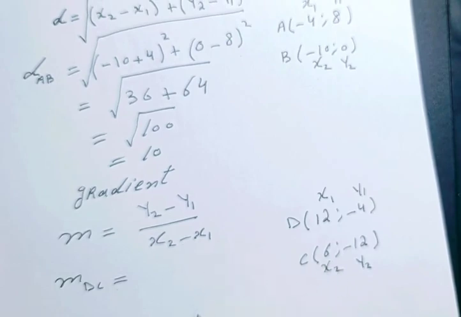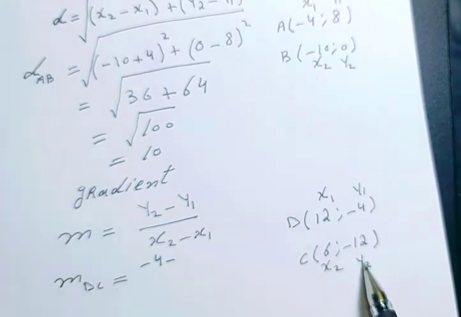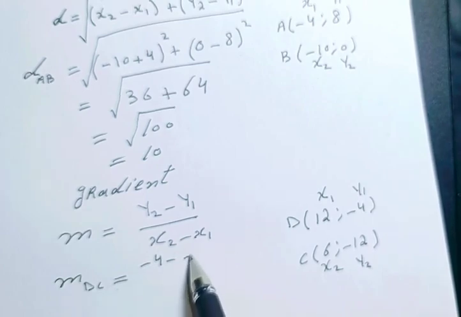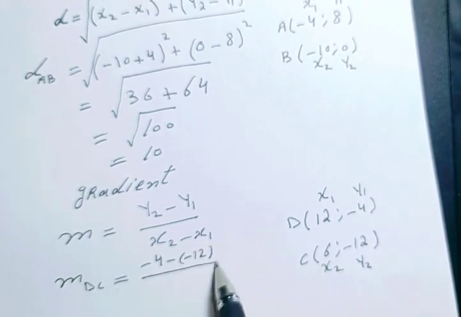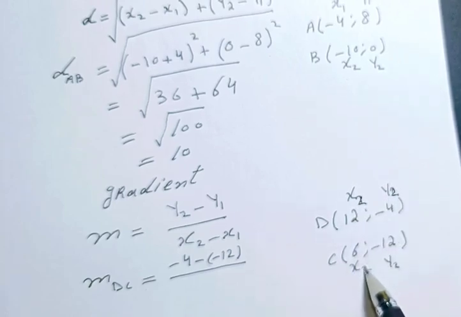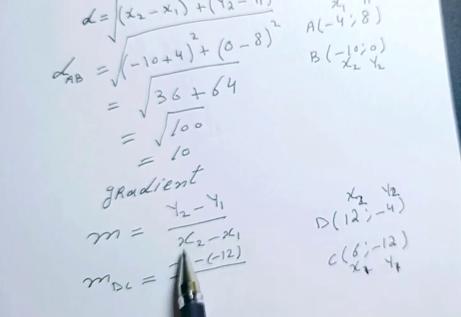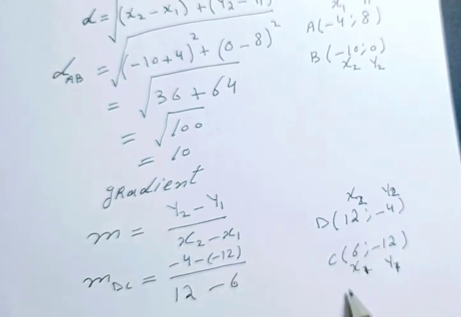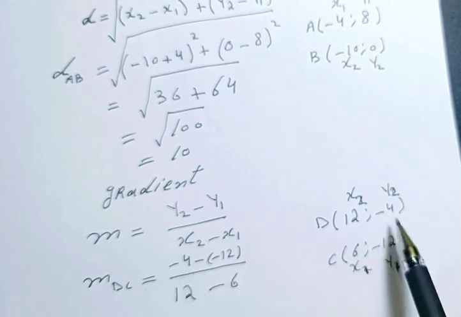So y2 is -12 minus y1, -4, over x2, which is 6, minus x1, 12. You can start with either one, but I already started with negative 4, that's why I changed now.